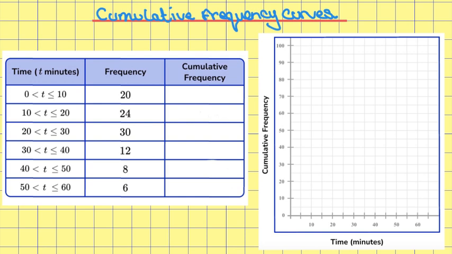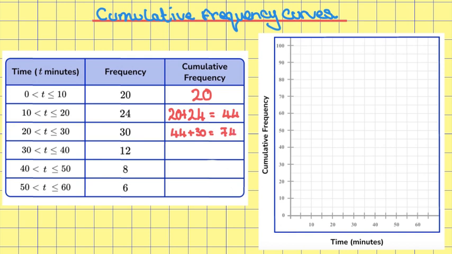And the cumulative frequencies are done in a separate column. So here we are. The first one will be 20. The second one is 20 plus 24, which is equal to 44. The third is 44 plus 30, which is equal to 74.